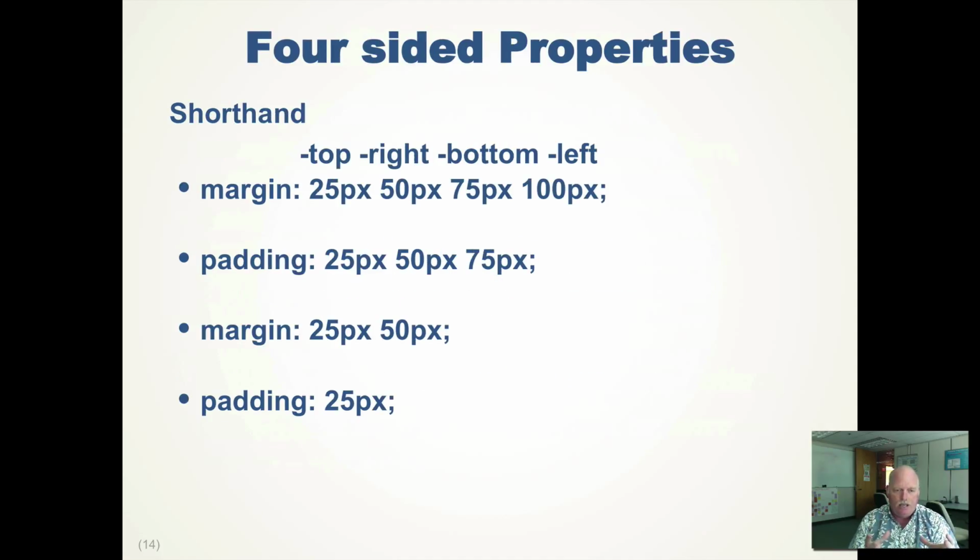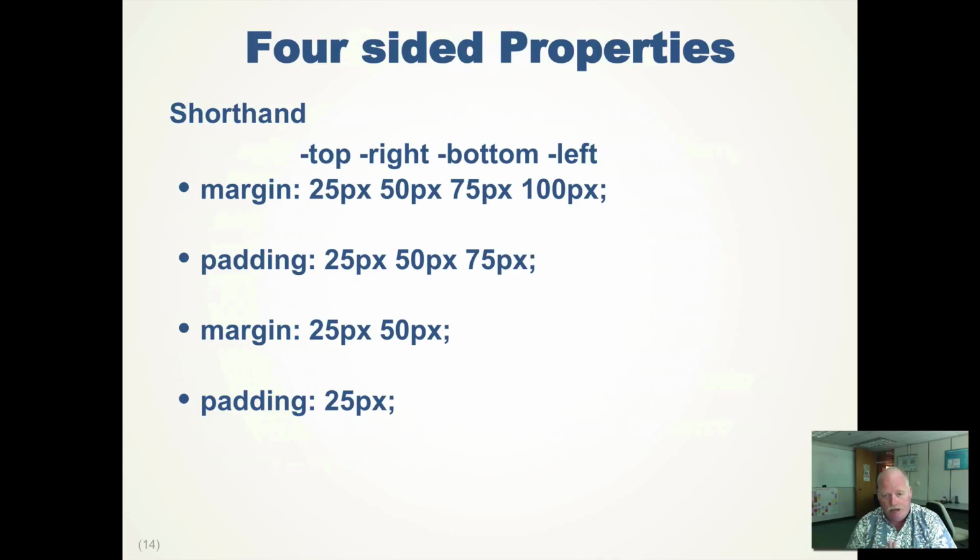So the shorthand says, if I supply four values, I'm going to do the top, and then the right, then the bottom, and then the left. So in this first example the top margin is 25 pixels, the right margin is 50 pixels, the bottom is 75, and the left is 100.